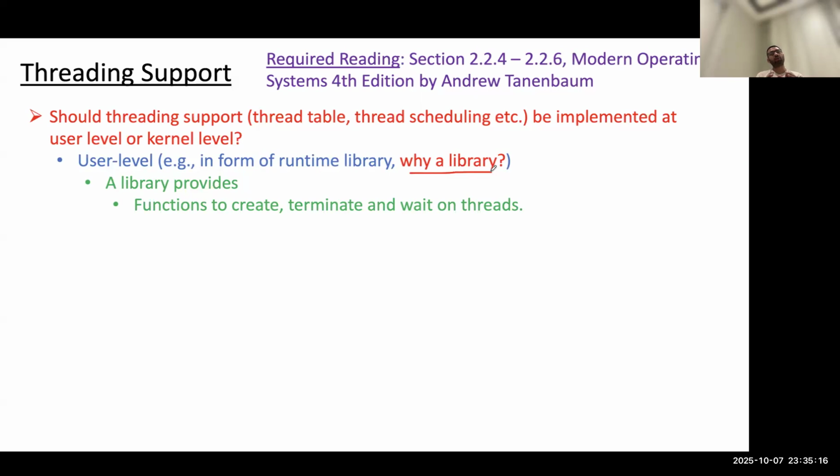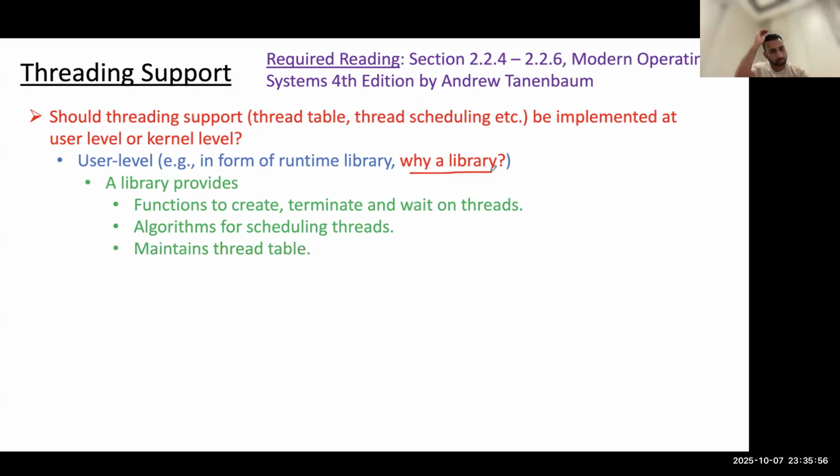So you put all of these functions in the library, and anytime a process needs to create a thread, it simply makes a function call to that library. The library will also provide the algorithms for scheduling the threads, so every process does not have to implement the scheduling algorithm again and again. The processes creating threads definitely need to schedule them, so they can simply make use of those algorithms.